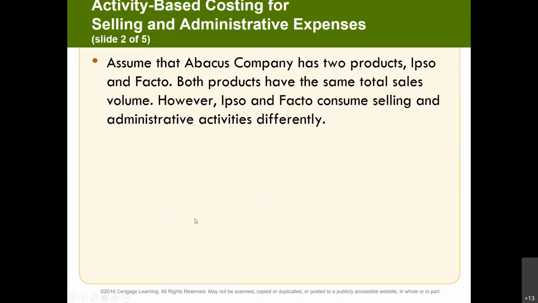So here's an example. Let's assume this company produces two products. Both products have the same total sales volume. However, the products consume selling administrative activities differently.